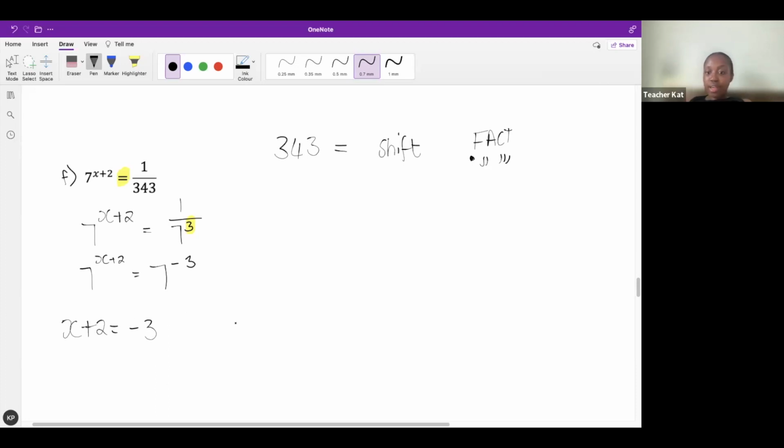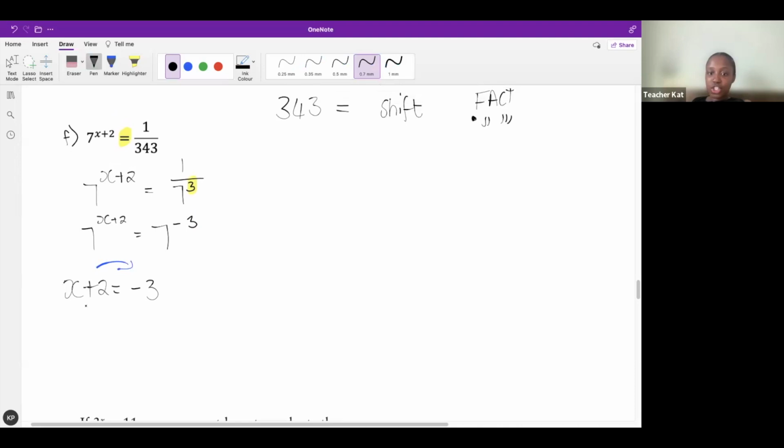How are we going to solve for x? Substitute 2, no. I need to get rid of this 2. I want it to go to the other side. But how am I going to do that? The inverse operation, what's the inverse of addition?